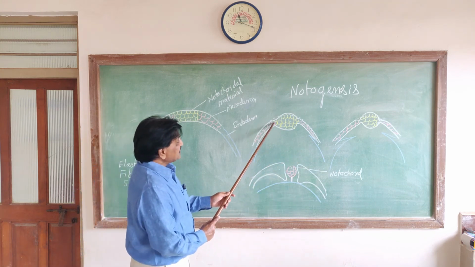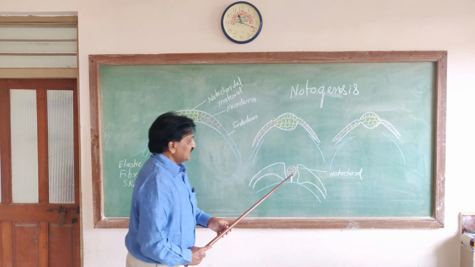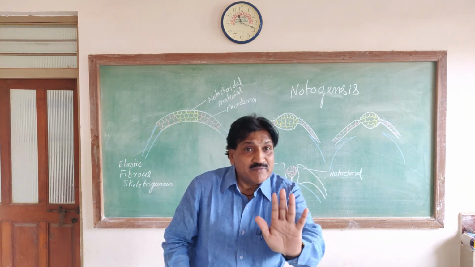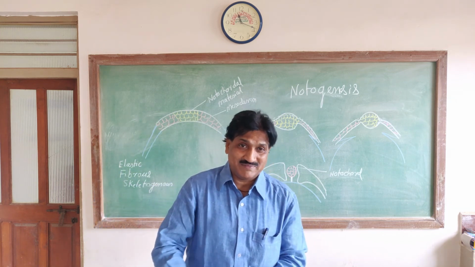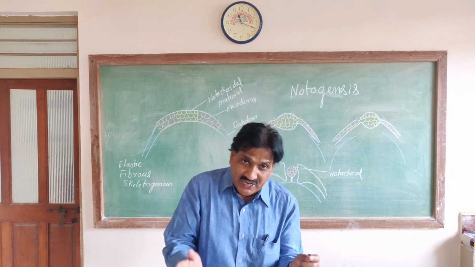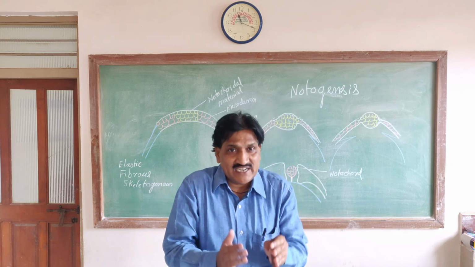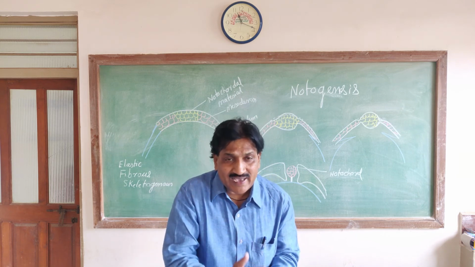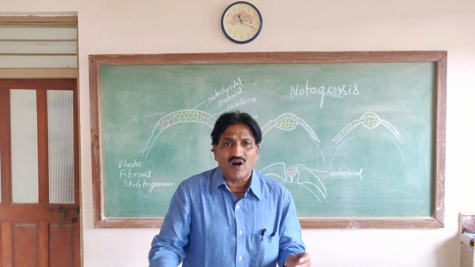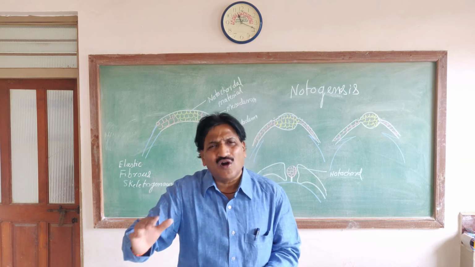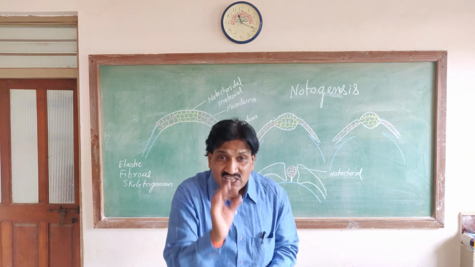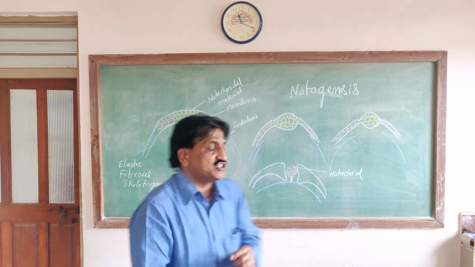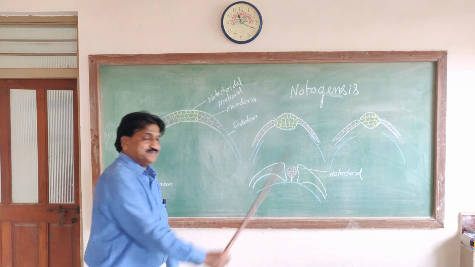With the help of this constriction, the notochordal material separates from the mesoderm and the endoderm. After separation, the separated notochordal material arranges itself in the form of a cylindrical rod-like structure, and that rod-like structure is called the notochord.